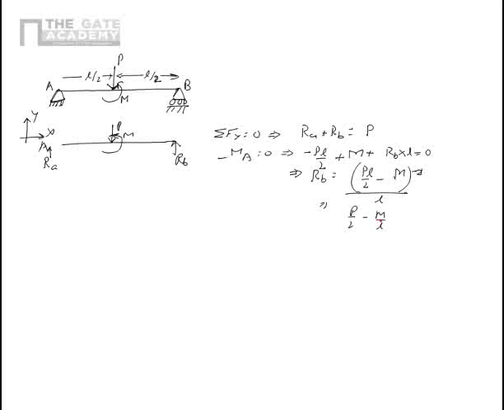So the reaction because of the force and the reaction because of the moment are together now. Now this minus is coming because the moment is trying to put this point down. Quite frankly, I think I have done something wrong here. I think it has to be plus.